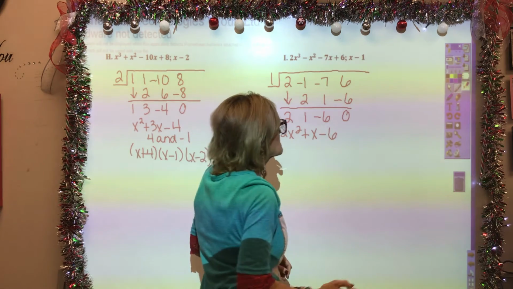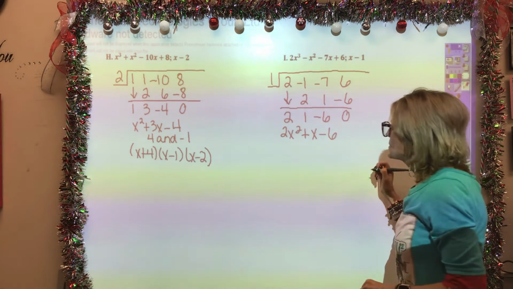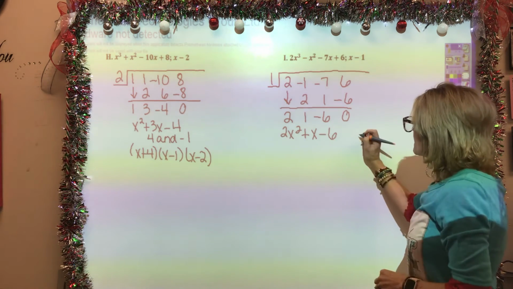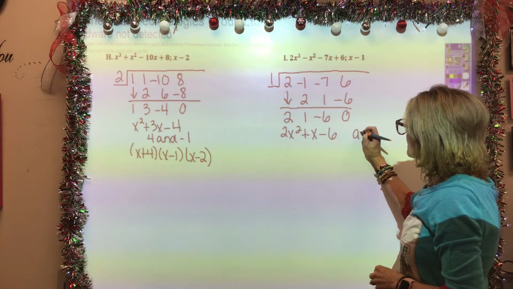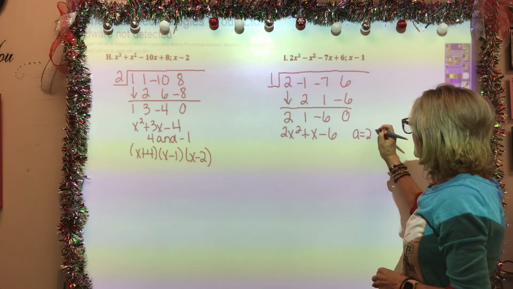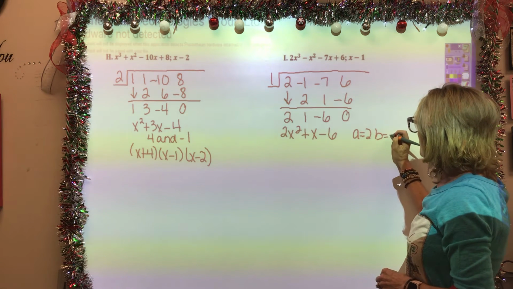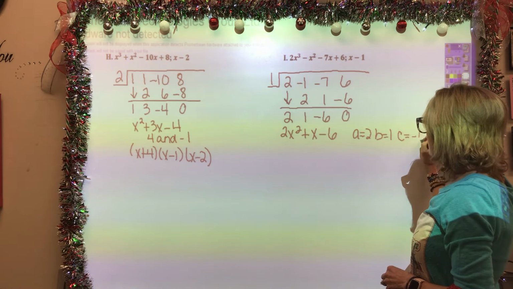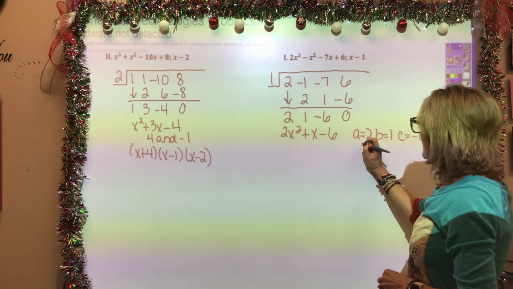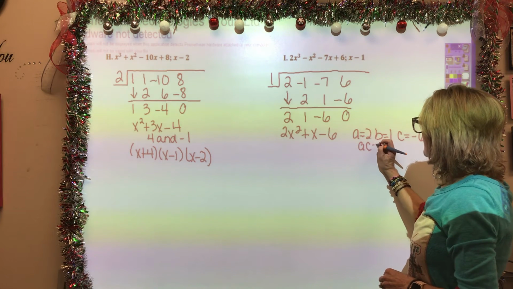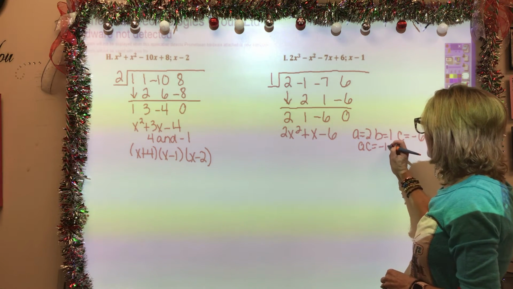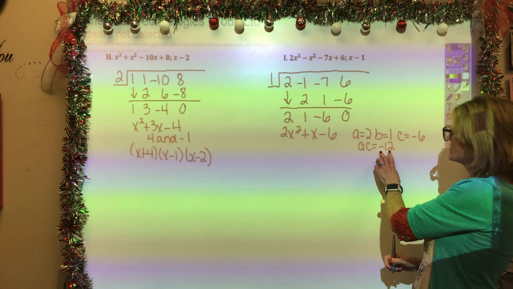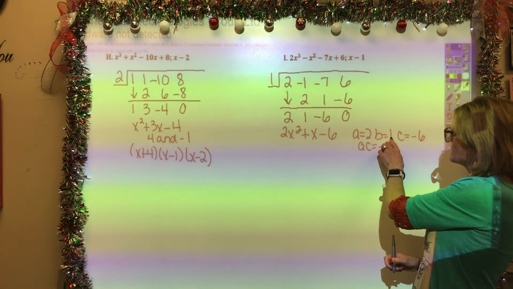Now hopefully you'll remember that when we factored, when a was not equal to 1, we labeled our a, which is 2, our b, which is 1, and our c, which was -6. We did multiply a and c together, which is -12. We want to know what multiplies to -12 and adds to 1.